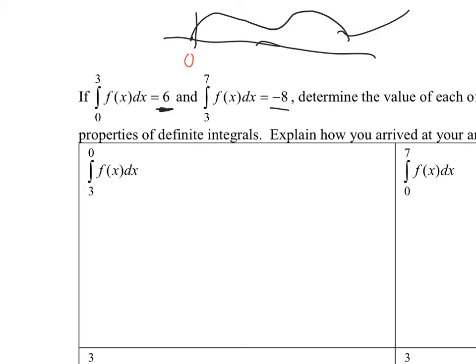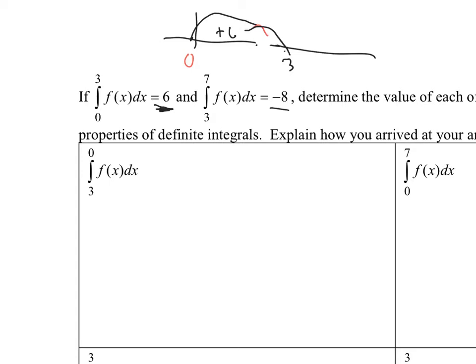Let me modify my picture, because I wasn't really paying attention to that. 0 to 3 had an area above the curve of a positive 6.